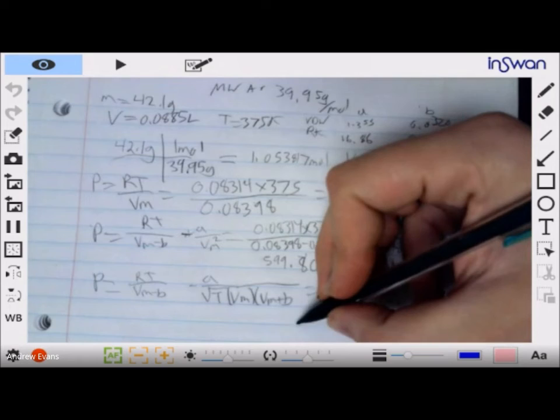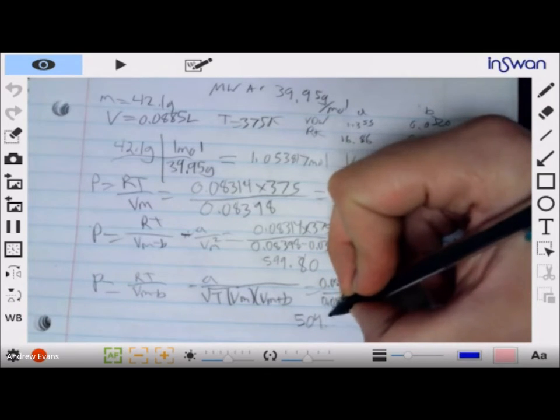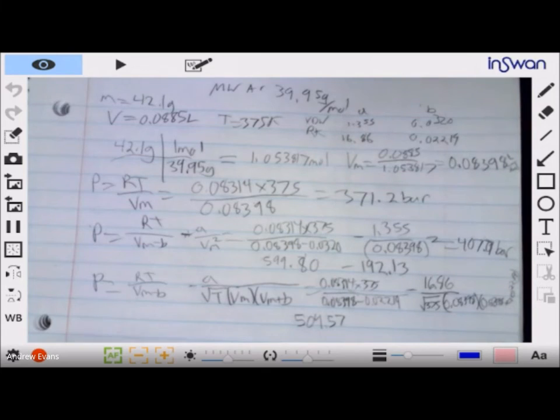This term is 504.57, and then minus our 16.86 divided by the square root of 375, divided by 0.08398, divided by 0.08398 plus 0.02219.